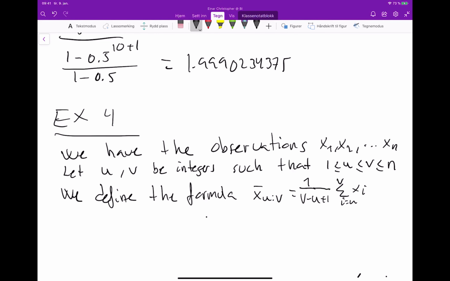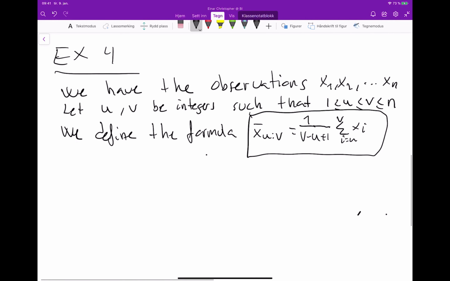So this is the real formula we are going to use later. Okay, but first we have to understand what this formula actually does.